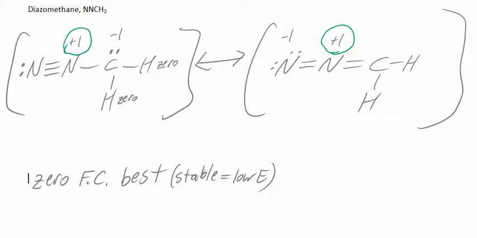That same N has a +1. But if we look at where the -1 is located, this one has a -1 on an N. This one has a -1 on a C. So what's better, a -1 on an N or a -1 on a C?